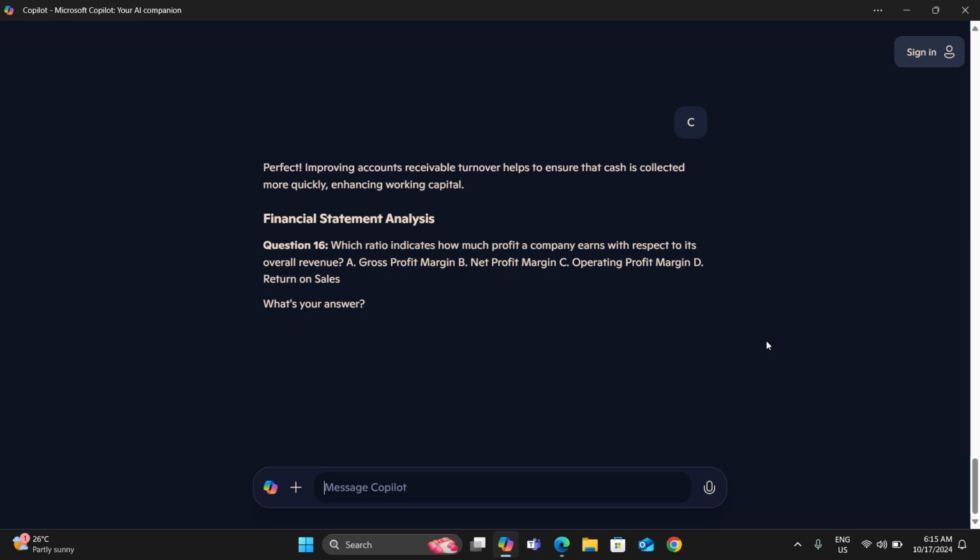Which ratio indicates how much profit a company earns with respect to its overall revenues? Return on sales. Because one, profit, that is highlighted in the question. Profit, and then revenue is sales. So that's only present in return on sales.